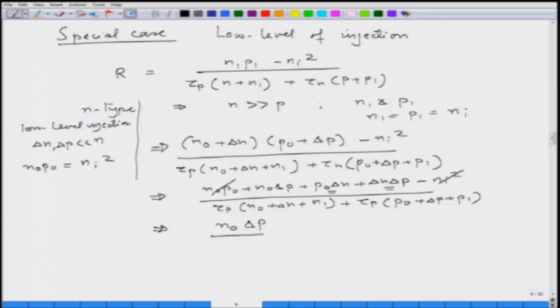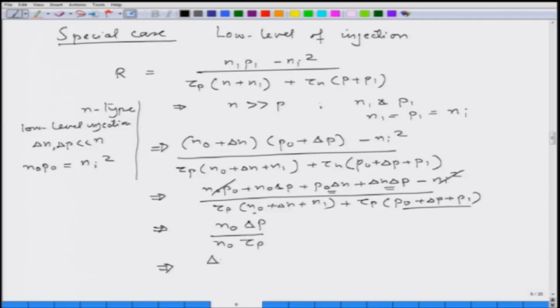In the same way, in the denominator, since it is a majority carrier device, the n terms are always much larger than the p terms for an n type device. Hence, you would get n naught tau of p.